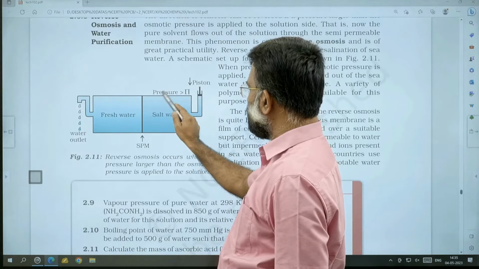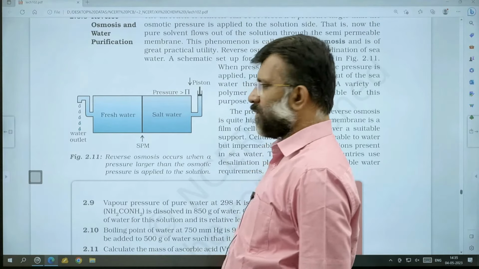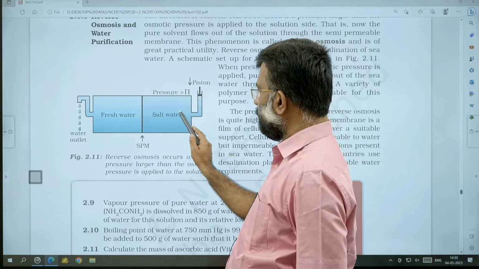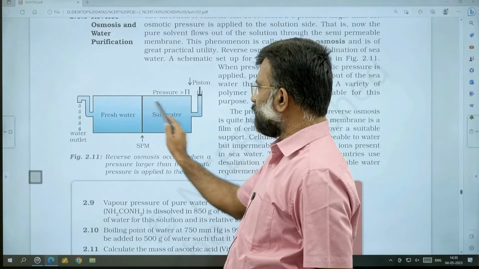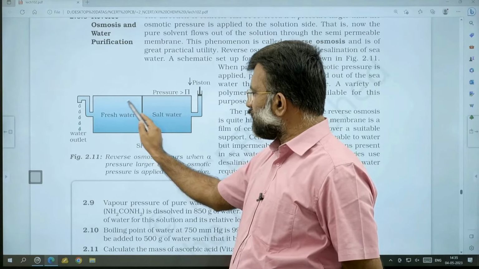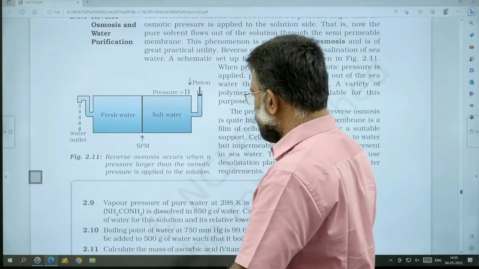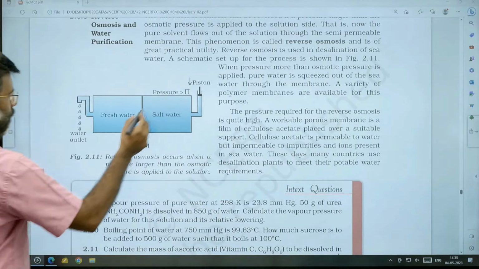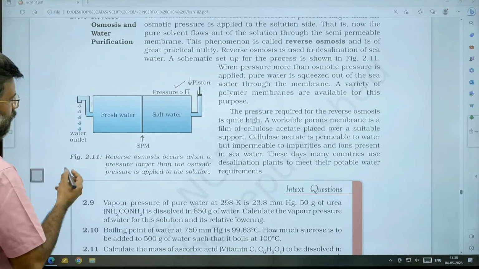We are applying a pressure greater than osmotic pressure. When you apply a pressure greater than osmotic pressure, actually by osmosis, water would be entering from this chamber to this chamber. But here, we are applying a pressure greater than osmotic pressure.